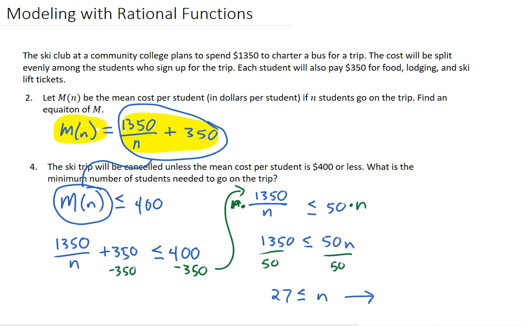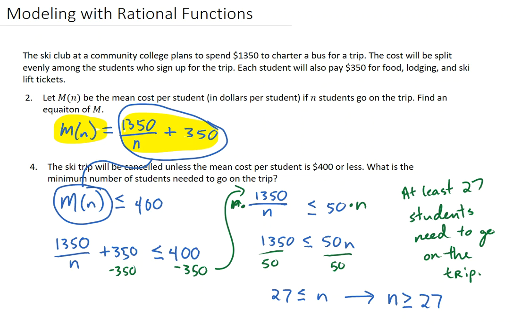Now that I have the n by itself, if I want to put that on the left, then the same part of the symbol needs to be facing it. So the bigger side of the symbol needs to stay facing the n, and we get n greater than or equal to 27. So what that means is at least 27 students need to go on the trip. If less than 27 students sign up, it's going to get canceled. So go out and recruit your friends.